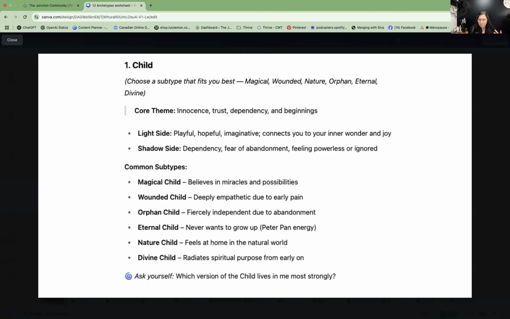And when you're sitting with those, you'll notice that a couple may jump out at you. It's not uncommon to feel like 2 pull at you. And in this case, if you want, you can actually merge 2 together. For example, maybe nature child and magical child, or wounded child and divine child.